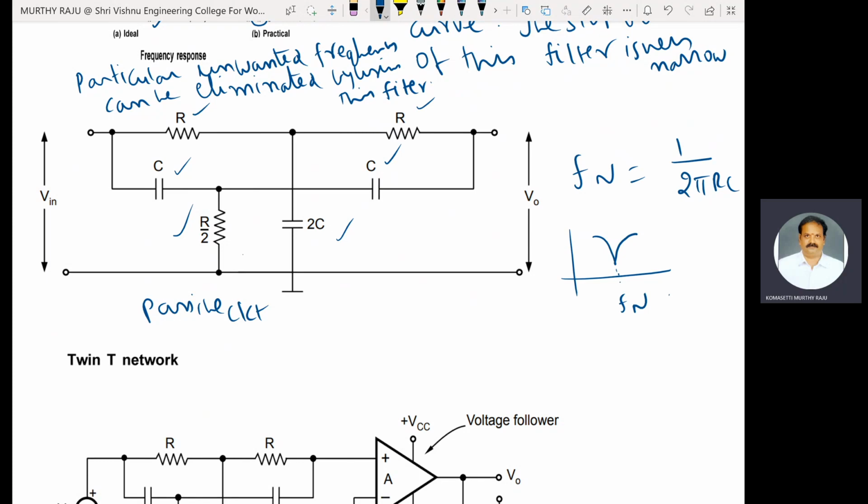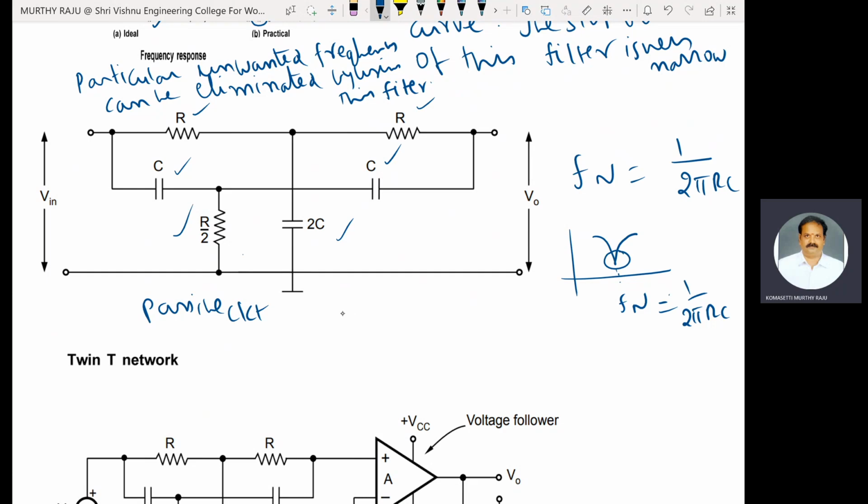This is the attenuation band, where the maximum attenuation occurs. This is the passive twin-T network.